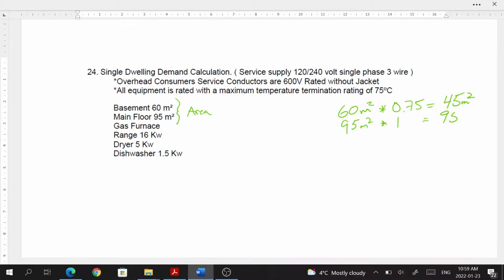That's going to give us 95 meters. If we add those together, that gives us 140 meters. So if you remember the rule, it says we're going to take 5,000 watts for the first 90 meters. So 90 meters squared goes into 140 meters squared, 1 with 50 meters squared left over. So we're going to take 5,000 watts for the first 90 meters.